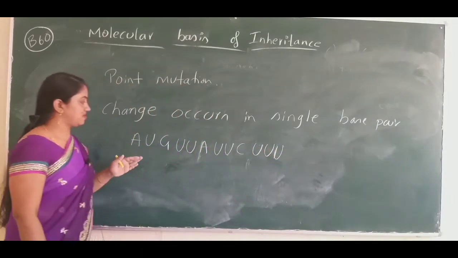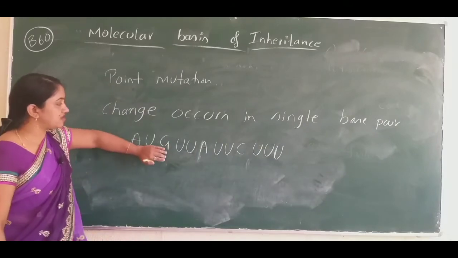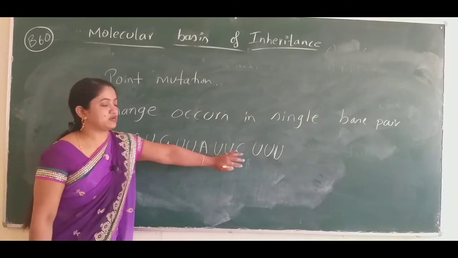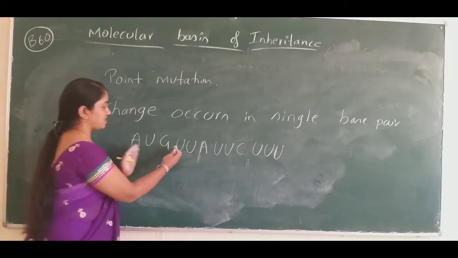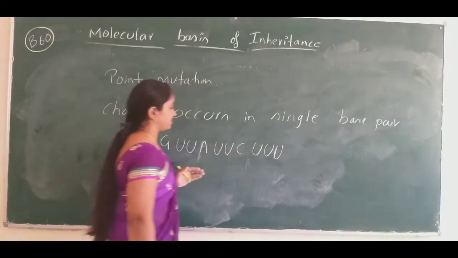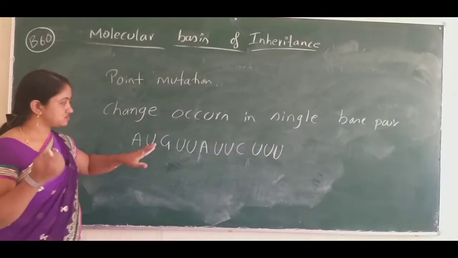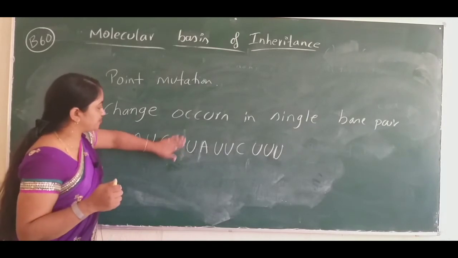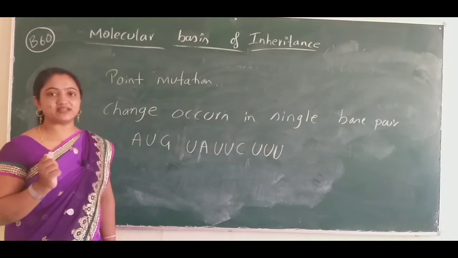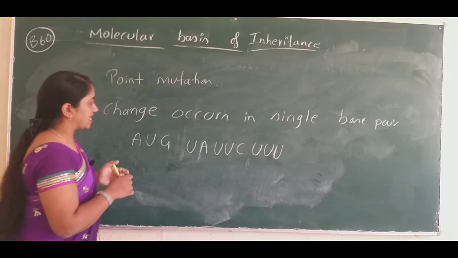For example, we have 4 triplet codons here: 1, 2, 3, 4. If one base pair gets deleted, what will happen?